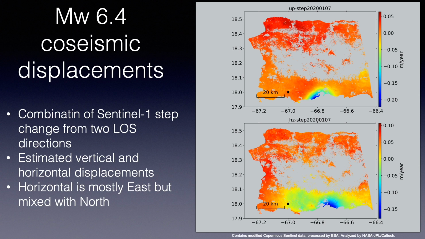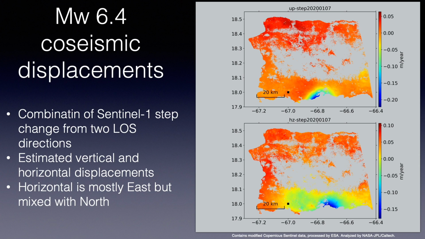Because the radar satellites are looking primarily east and west, they're very insensitive to the north component of deformation, so this horizontal motion is almost entirely the east component.